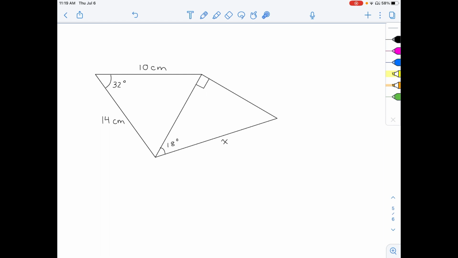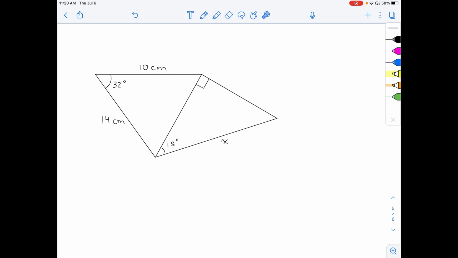However, that won't give us any of the information that we need to be able to solve for X. If you recall from our lesson on solving side lengths using SOHCAHTOA, we need to have one of the acute angle measures, which we do, and we need one of the side lengths, which we do not.